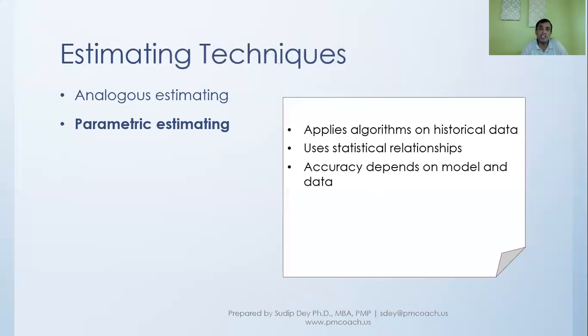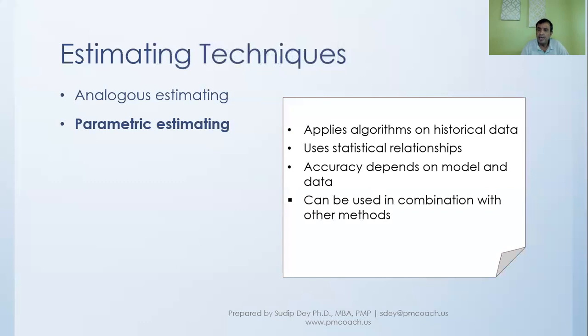As you can see, it will depend on the kind of model, how we have determined those function points. And it will also depend on the data, how much time the complex function will take, the data that you have taken from the previous project, how accurate is that? So the accuracy of this parametric estimation will depend on the model that we are applying and the data that we are using in this particular model.